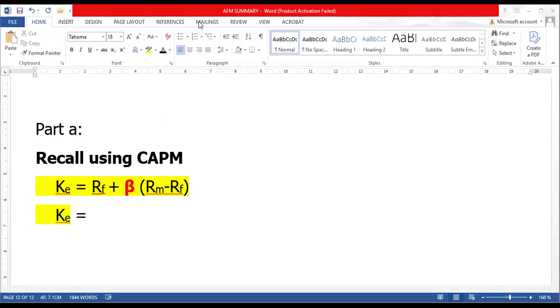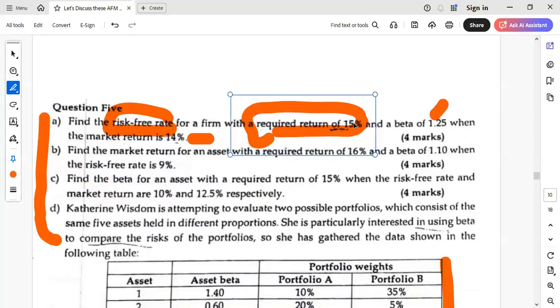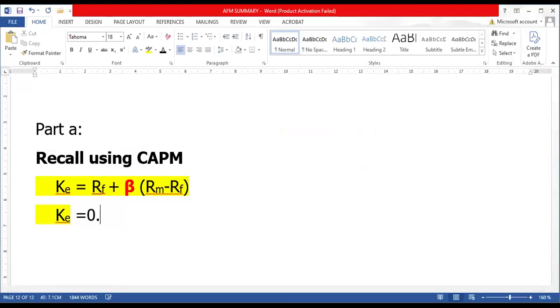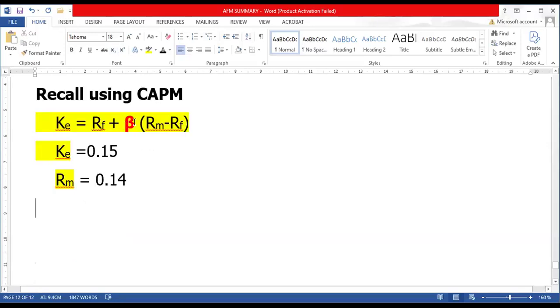This is 15%, so that is 0.15. Then what is RM? It is 14%, which is 0.14 in decimal. Then RF you don't have. Can you get beta from the question? 1.25.